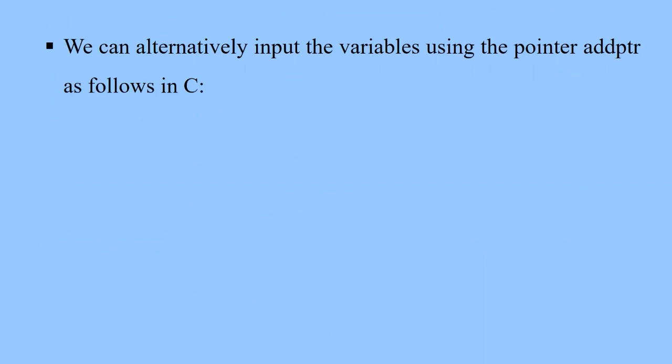We can alternatively input the variables using a pointer, as follows in C. We just replace the object with a pointer.